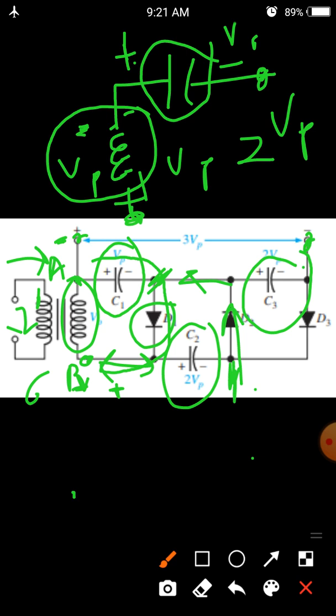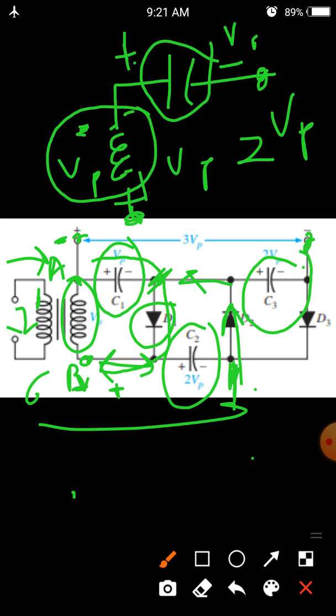So we can see that as we increase the number of capacitors and diodes, the potential difference increases in multiples, as integer values. So this circuit is called a voltage multiplier.